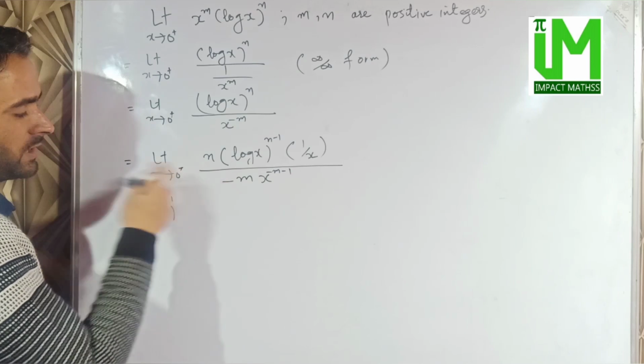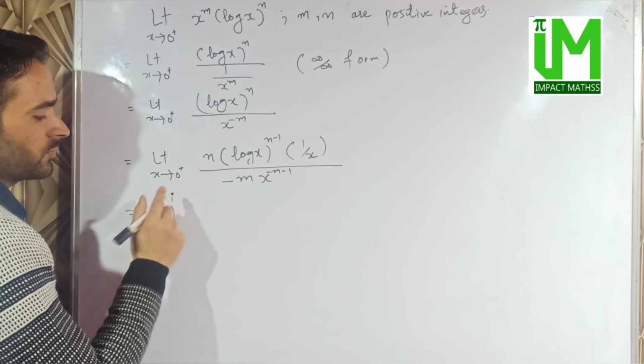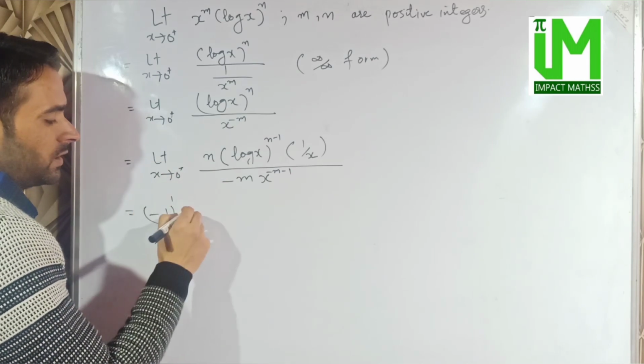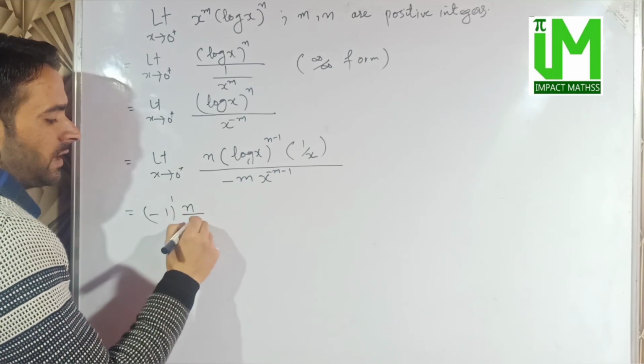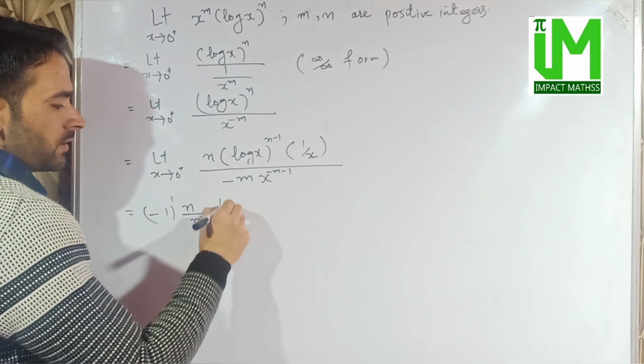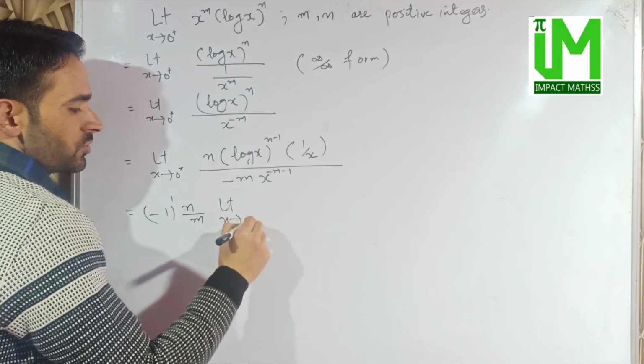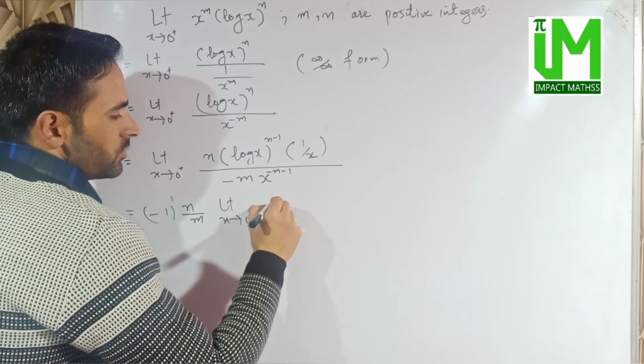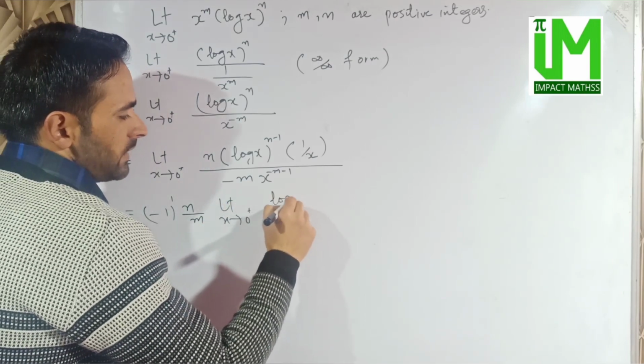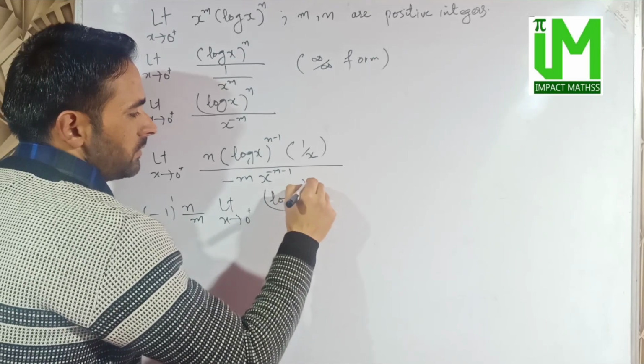Minus m को बाहर ले आएंगे लिमिट से, so it will be minus 1 raised to power 1 into n by m into limit x approaches to 0 from the right. So it will be log of x raised to power n minus 1.